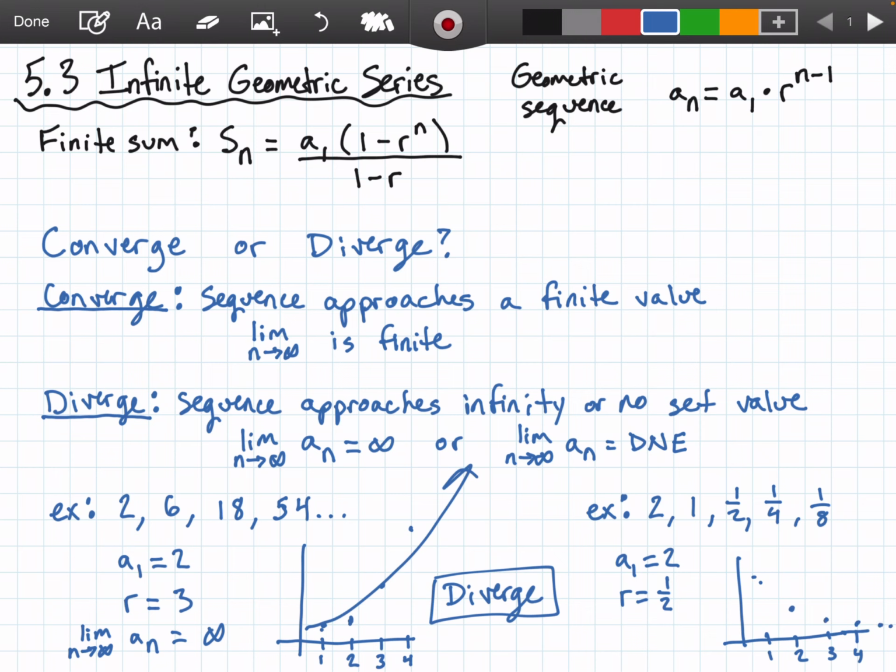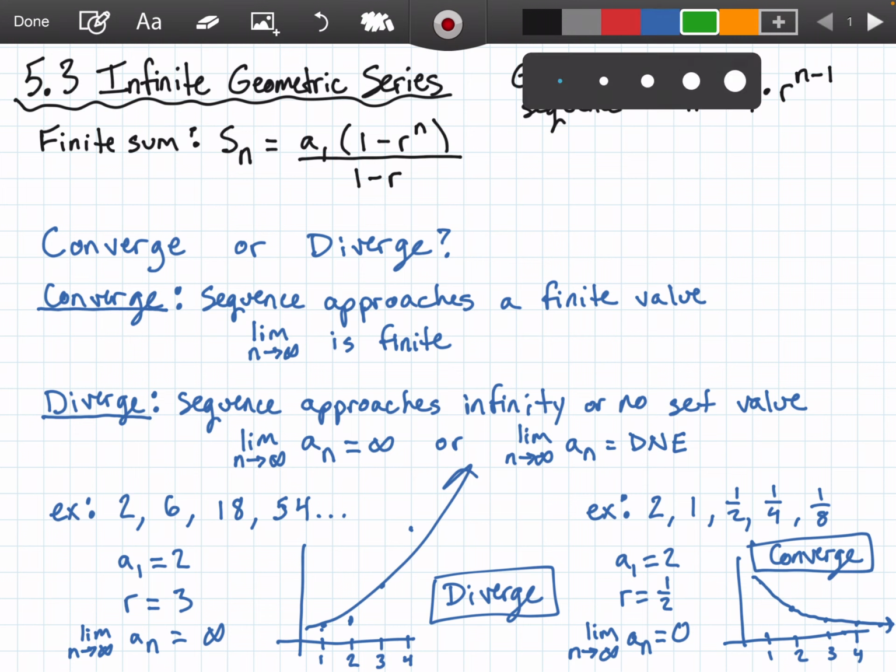And you see how this one is just going to level out as it goes? Because on this one, the limit as n approaches infinity is going to equal 0. And because 0 is a finite value, this sequence is going to converge.